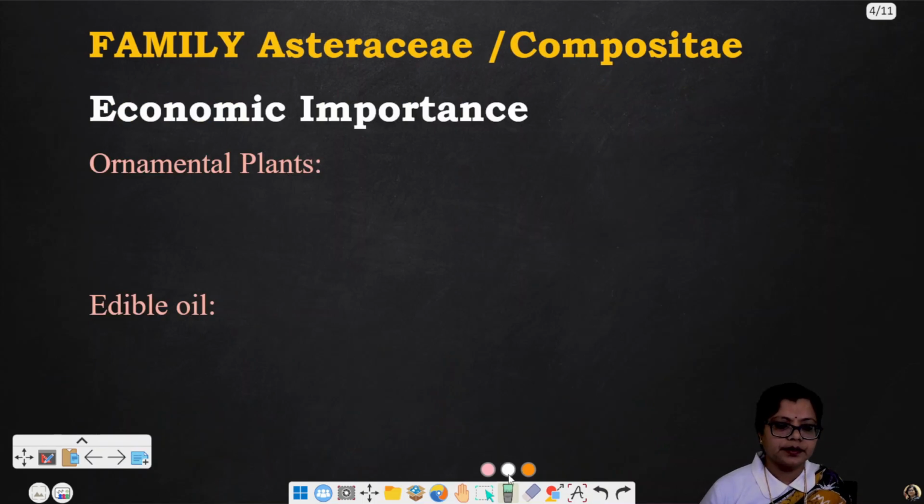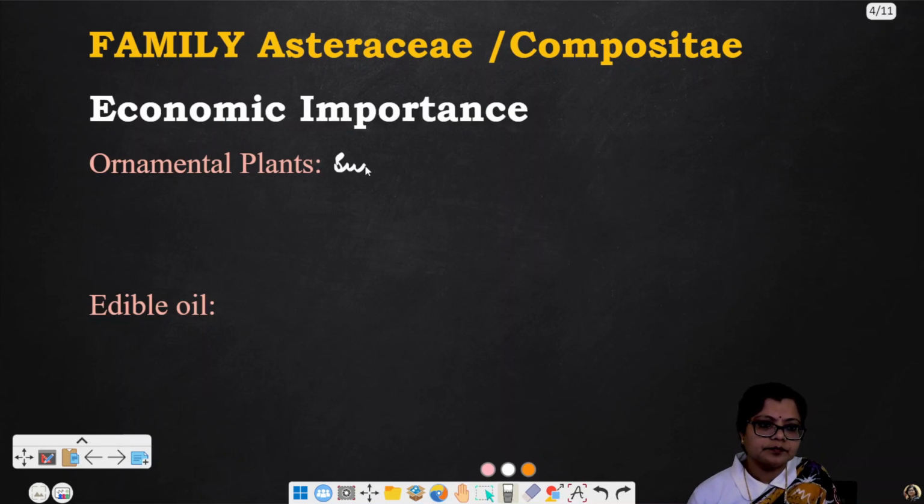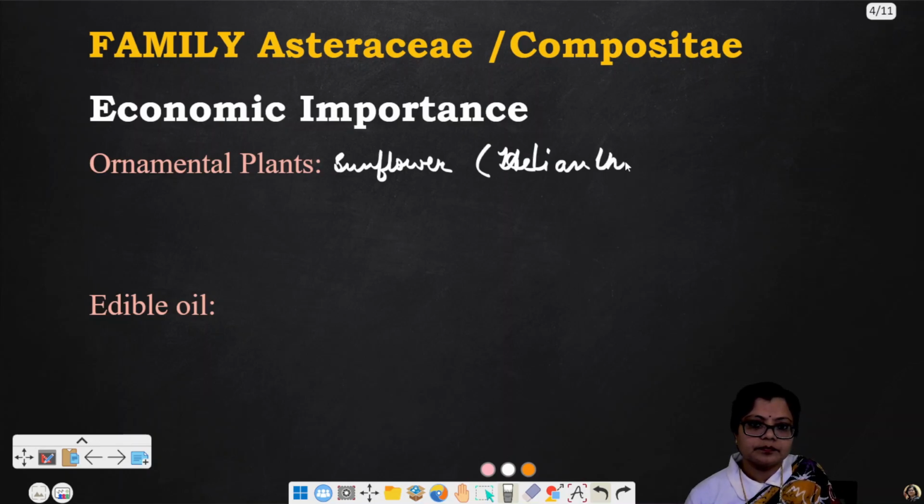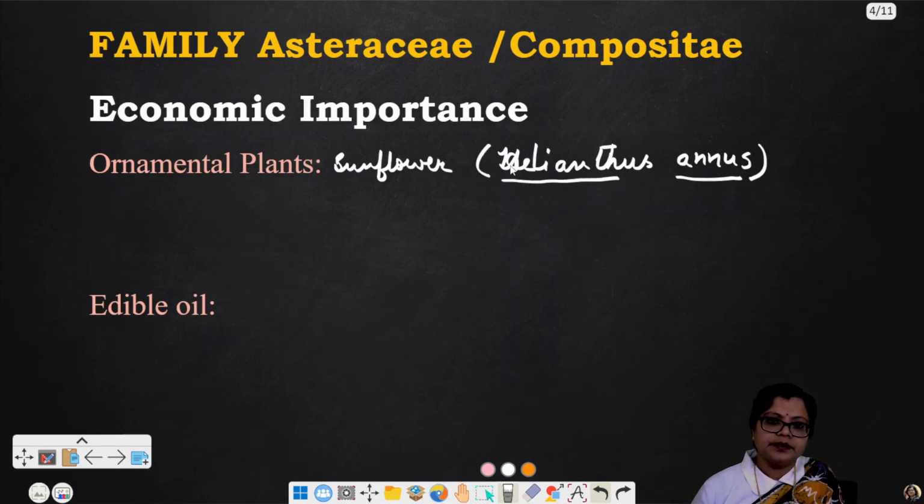Economic importance. Ornamental plants are many. First, sunflower, Helianthus annuus. Scientific name, always you have to write the genus with the capital letter, species with the small letter, and when handwritten it is to be underlined.